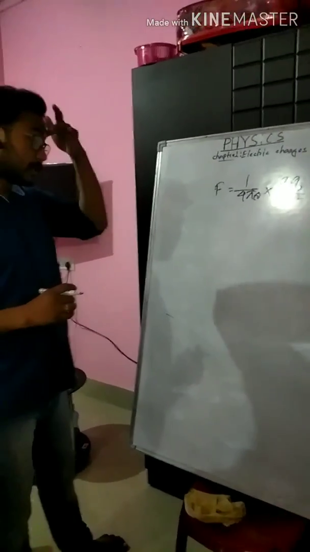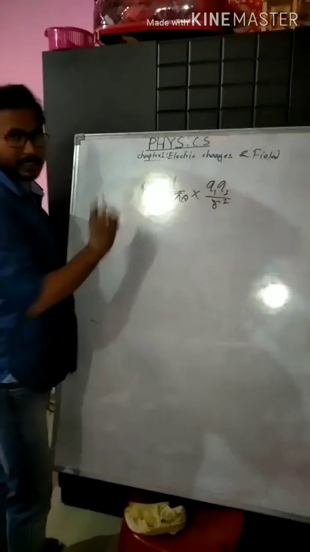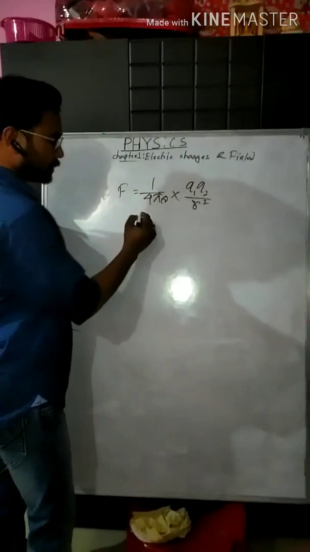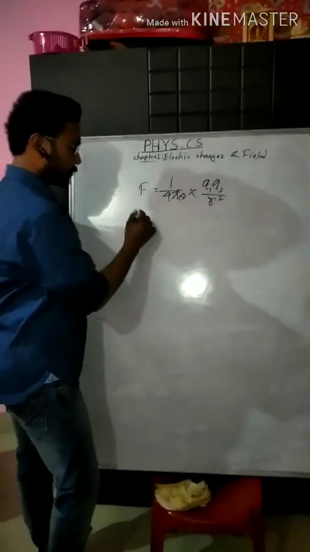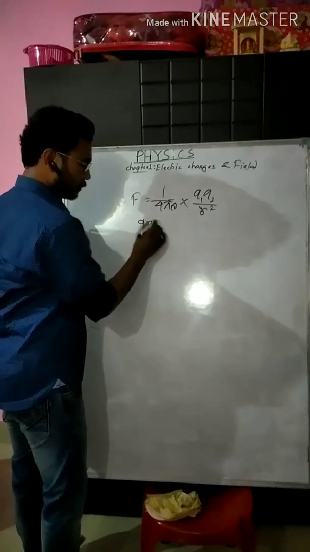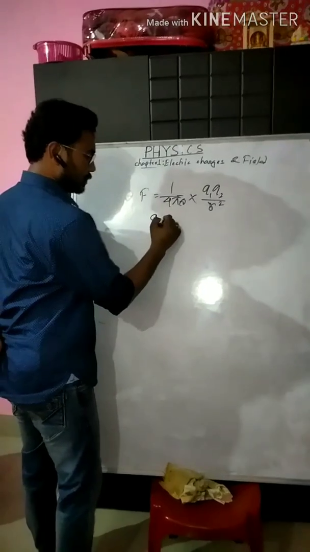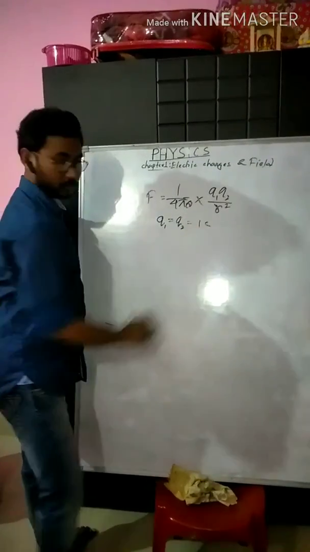Now in this equation I am taking two charges which are equal, that is Q1 equals Q2, and the value of each charge is 1 Coulomb.